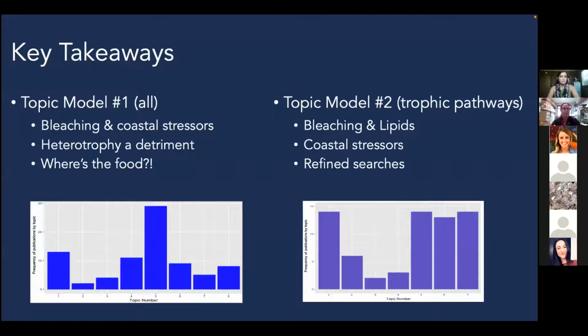For the second topic model, what I found very interesting and really cool was that with the first model, this was the bleaching topic and this was the lipids topic. In topic number 2, those 2 topics were combined in topic number 5.